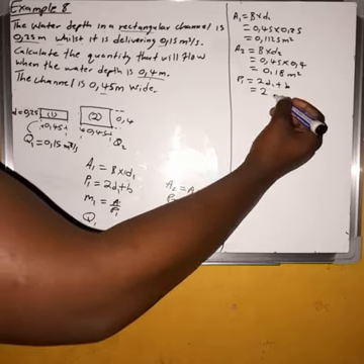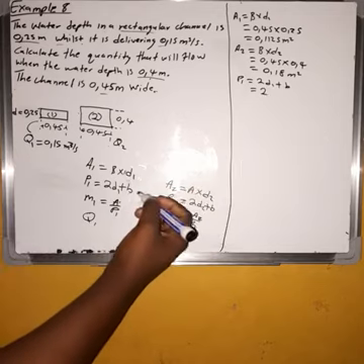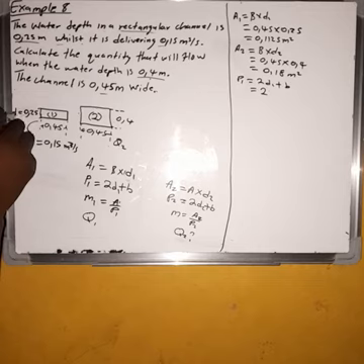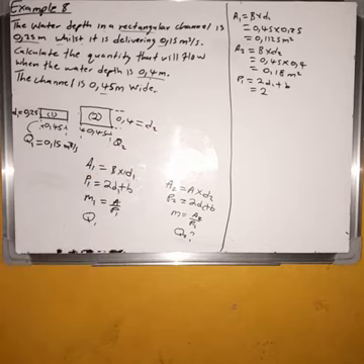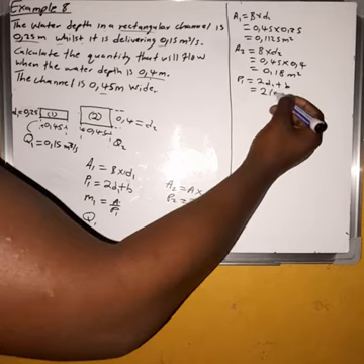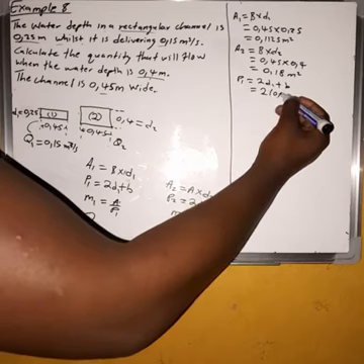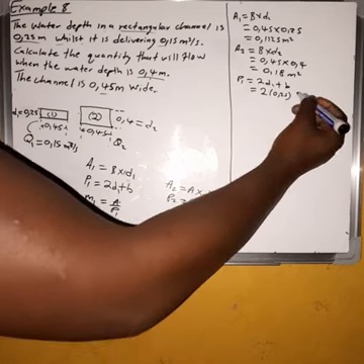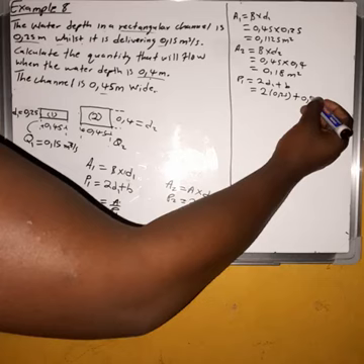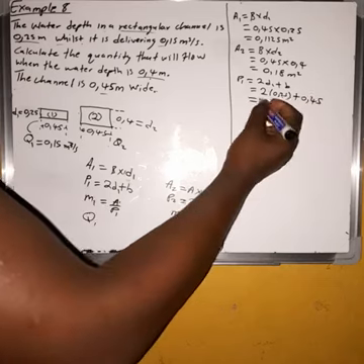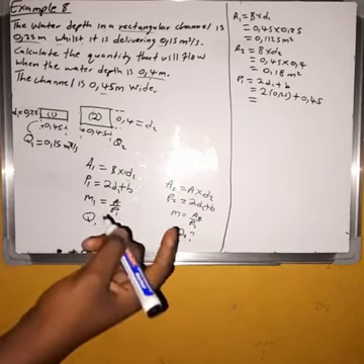Where's that 2D1? Here is D1. This one is D2, right? D1: 0.25 plus B 0.45, multiply there.